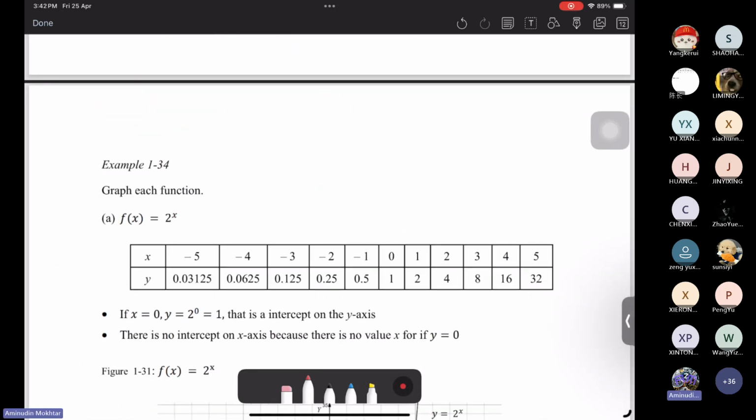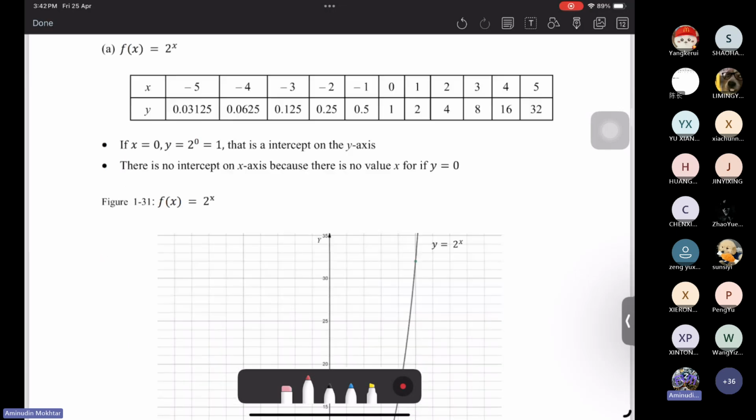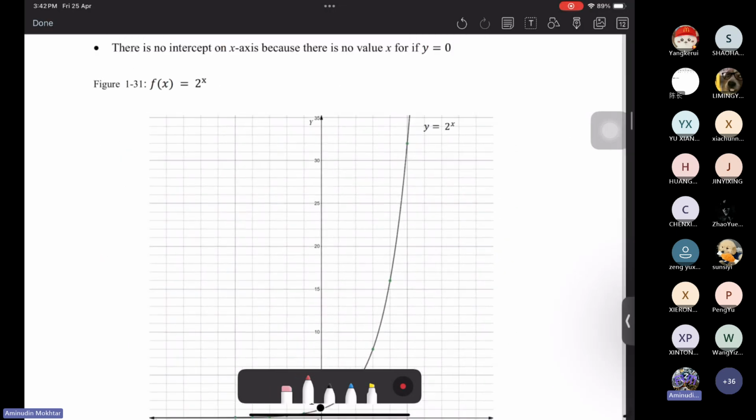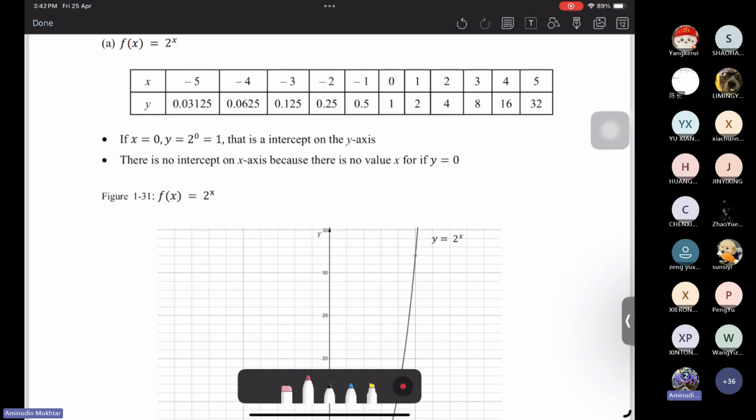Okay, example 1.34. You can refer to example 1.34. I show you how to draw the graph based on the coordinates. We still need the coordinate point for every point.